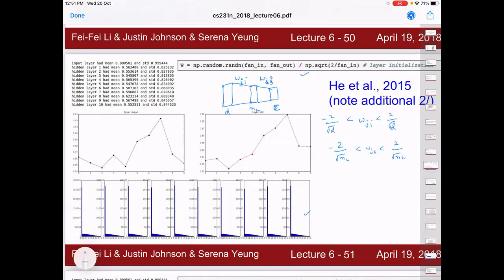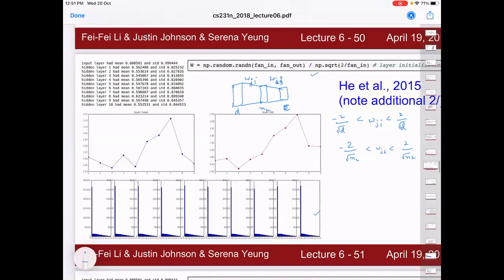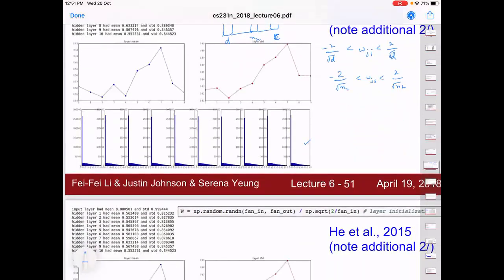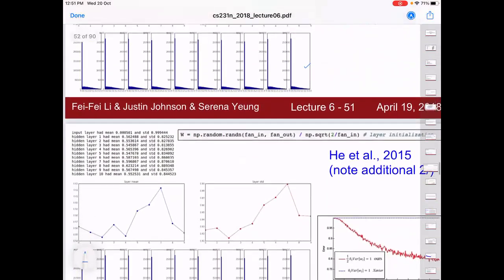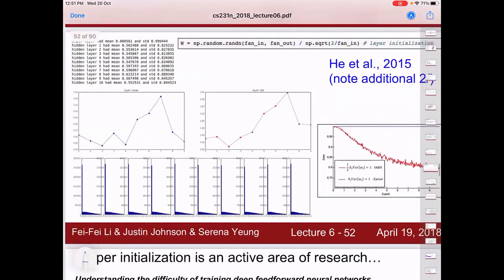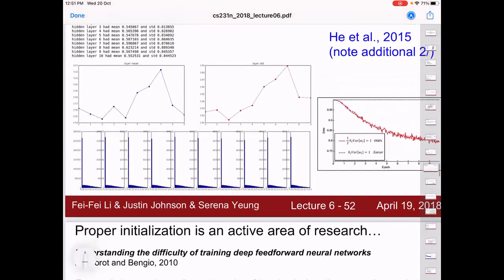There is an additional term of 2 here, which will enable us to preserve the weights even after reasonably more number of layers. And initially itself, the spread of the weights is more in the initial layers itself. And that's what you can see here.